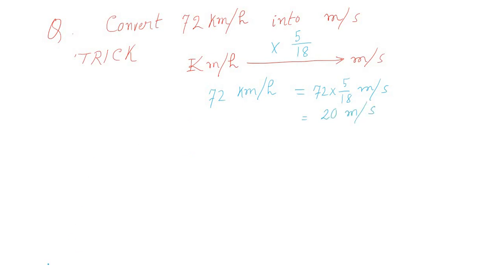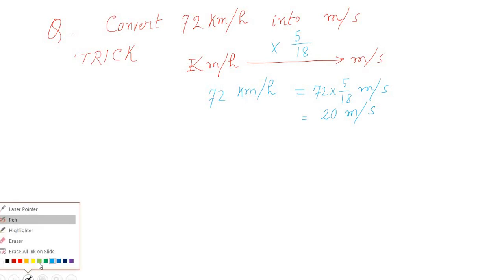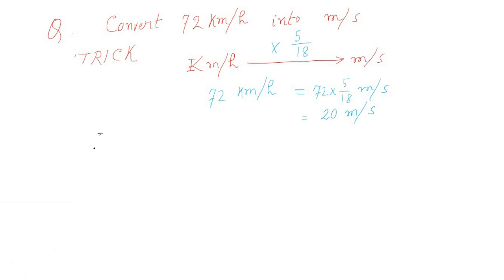Why is it so? Let us elaborate. Kilometer per hour can be written as kilometer in the numerator and hour in the denominator. Kilometer can be written as 10 to the power of 3 meter, and hour can be expressed as 3600 second.